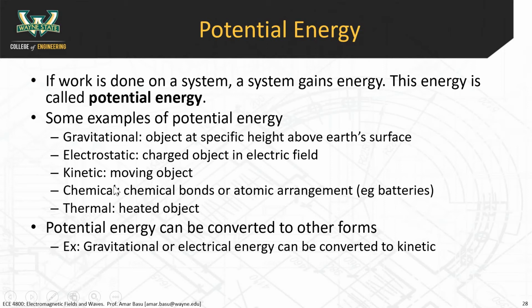So these are some examples of potential energy. So potential energy can be converted from one form to another. Gravitational or electrical energy, for example, can be converted to kinetic energy. So I think we'll get right to the example of that. Now, let me just make sure there aren't any questions here.